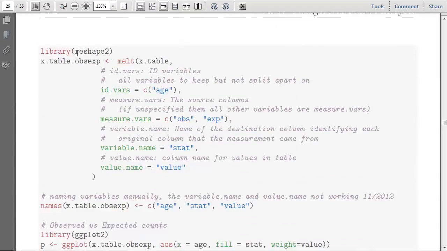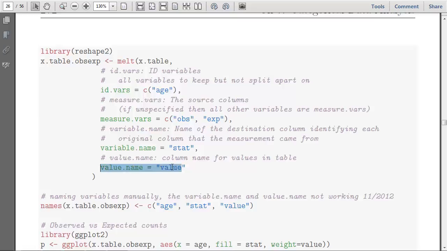So from the reshape2 library, the melt function is going to start with the x table, and the variables that identify each row are the age column. The measurement variables that we want to stack up vertically are the values from the observed column and the expected column. And the variable names are going to be under a column called stat, and so that will be the labels observed and expected.